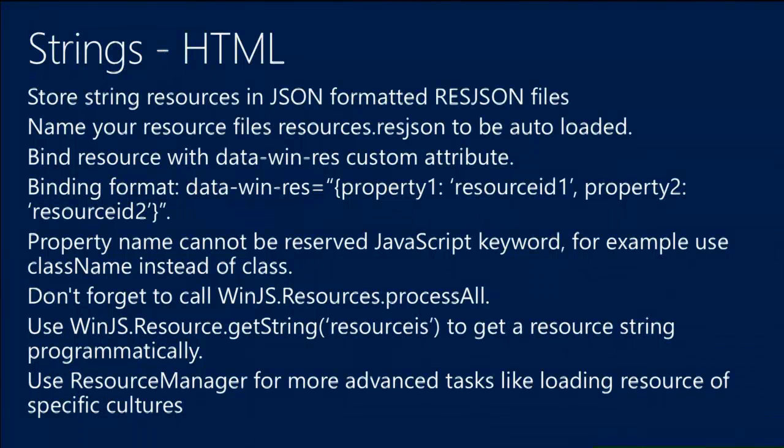If you need more advanced operations, like specifying a specific language or culture, or specifying some attributes, you will do that using the resource manager and the resource context. These classes are a little bit trickier to initialize and use than getString, but give you a lot more power.